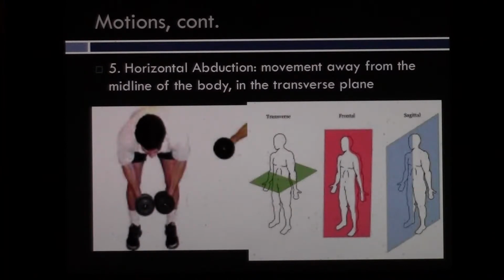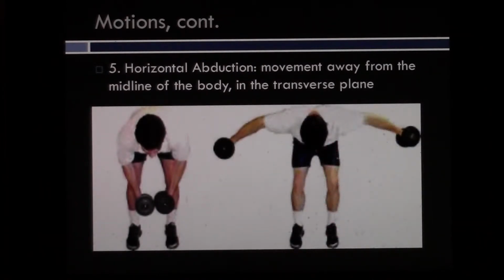If you look at what this guy is doing here, he's basically doing that same motion. Can you see that? He's basically doing a big clap when he's doing these reverse flies. I purposely picked a bent over reverse fly because I want to point out that those planes move with you.